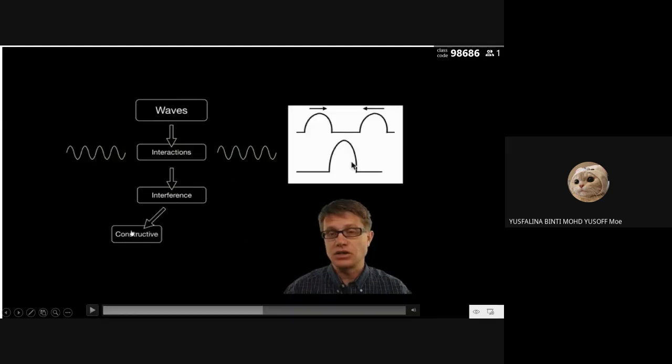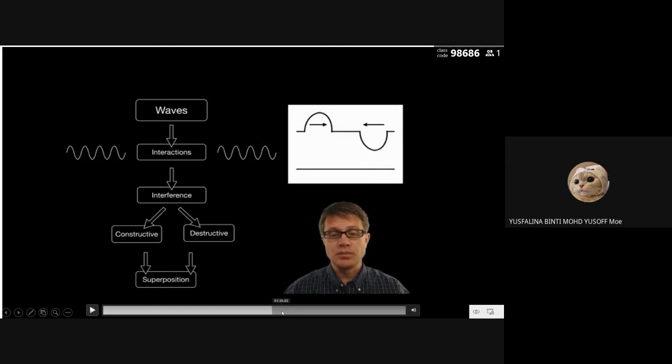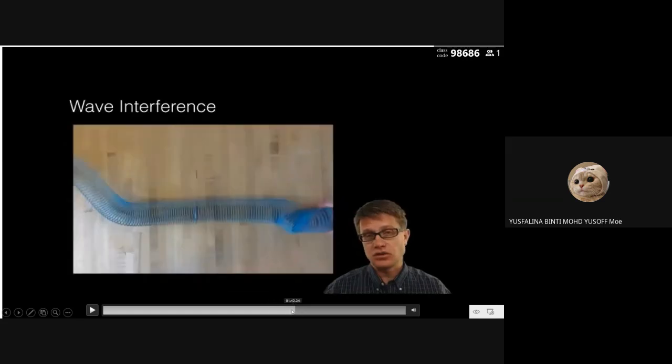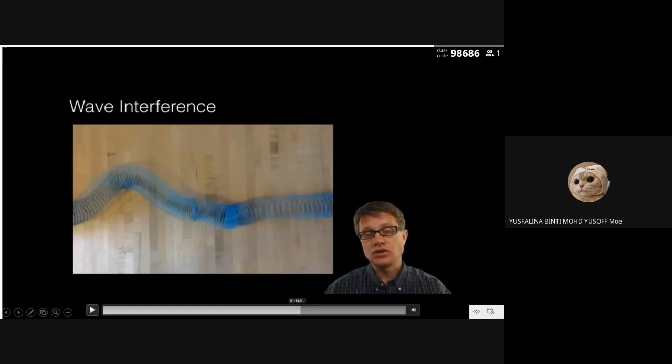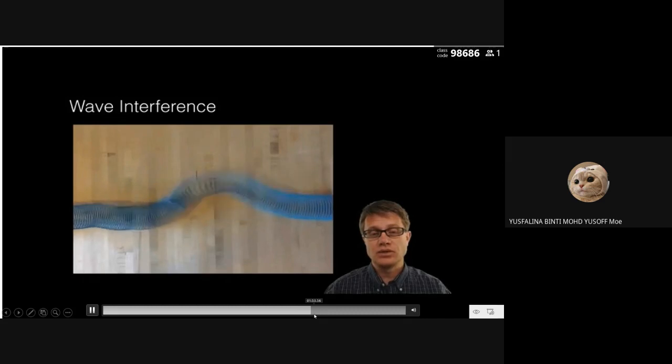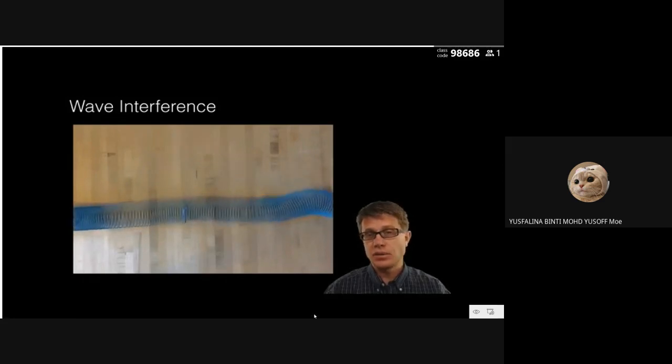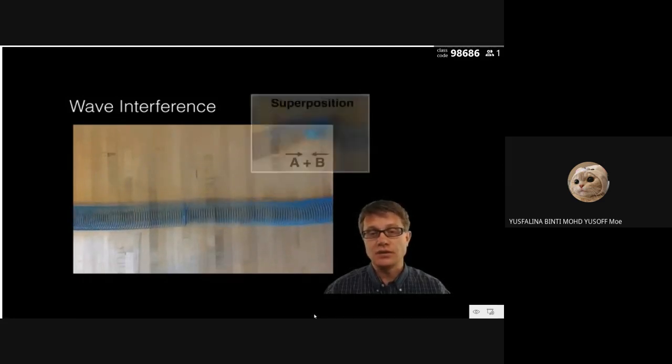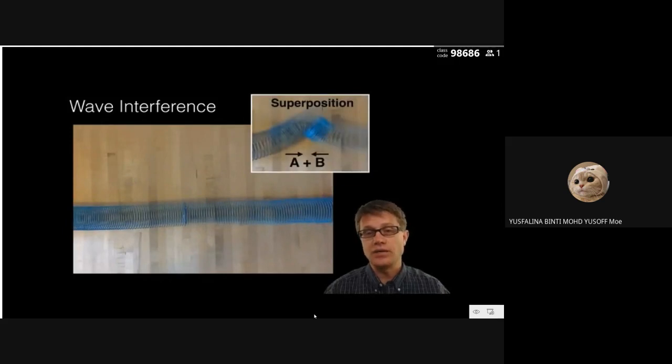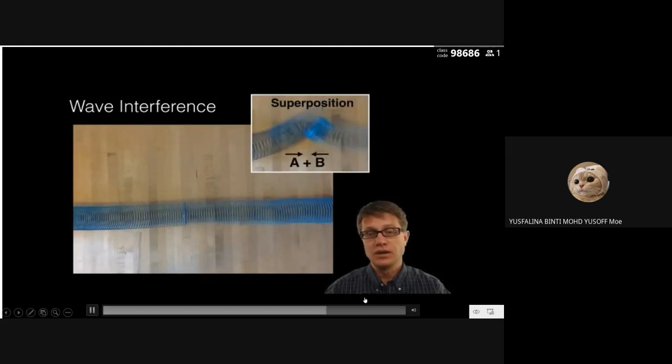Okay, so there are two types of interference, constructive and also destructive. Longitudinal wave from the right. And so watch what happens is that they move right through each other. And so if I take a picture of right when they're together, what we're doing is simply adding wave A plus wave B. It's very simple.